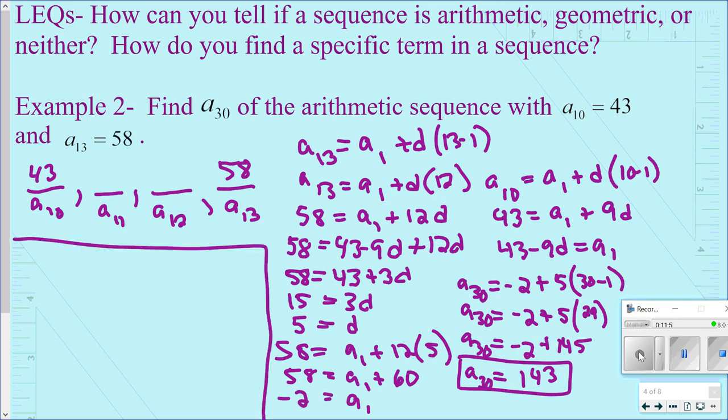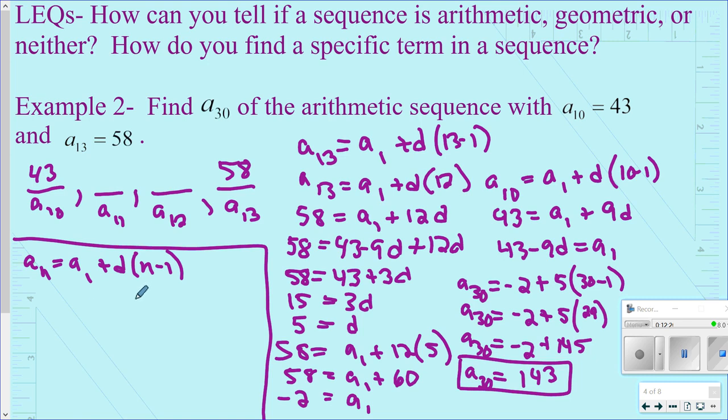Okay, so remember our explicit arithmetic formula is a sub n is equal to a sub 1 plus d times the quantity of n minus 1. Now, this other approach, besides the way we just did it, what we can think of here is kind of adjusting our explicit formula a little bit.